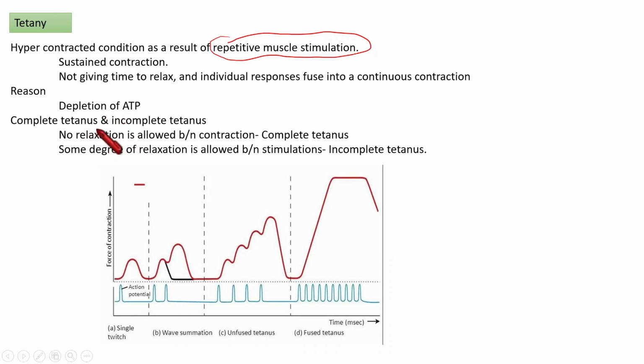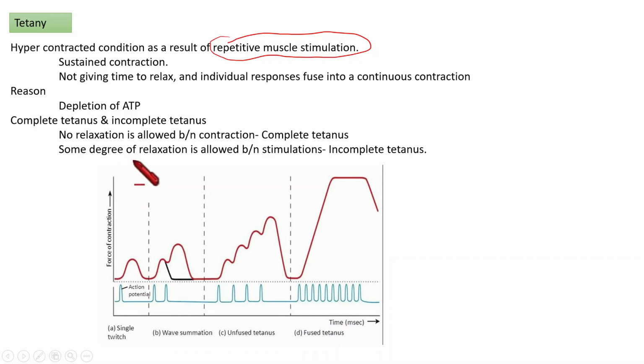Okay. Then we need to understand two situations, complete tetanus and incomplete tetanus. So this is incomplete tetanus and this is complete tetanus. Let's see what is the difference between these two situations. Here we can see a little relaxation. The muscle is getting a little time to do some relaxation. So that type of tetanus is called incomplete tetanus.